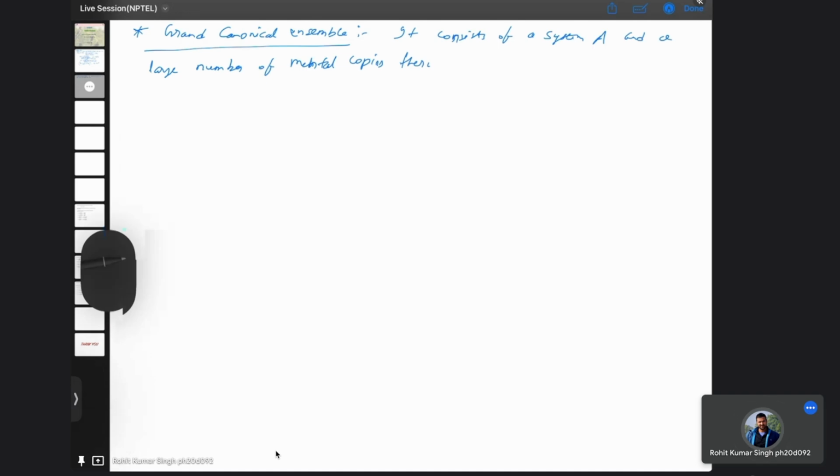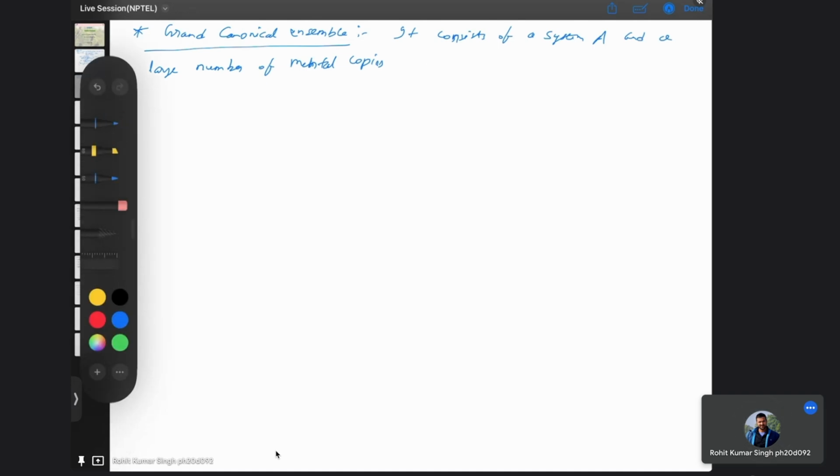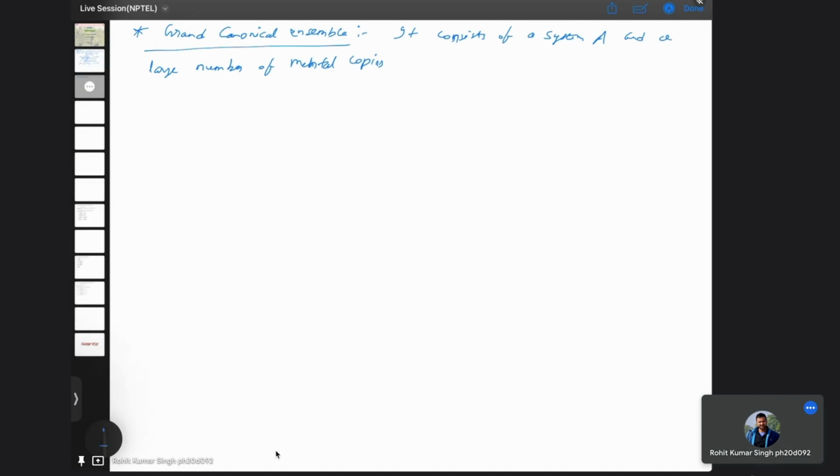A large number of mental copies, having both exchange of energy and particles.